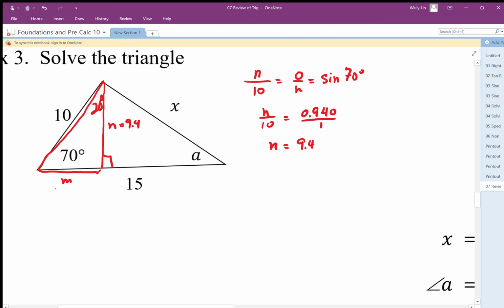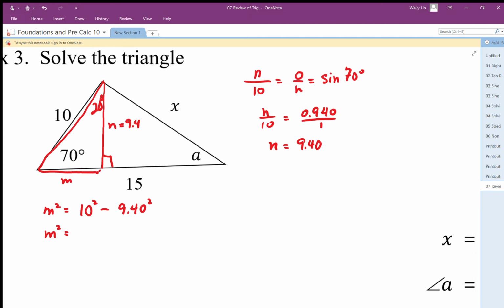I'm going to solve for the M first. So M squared, since it's a shorter side of the right triangle, we're going to subtract. It's always the longest side, minus one of the shorter sides, so 9.4 squared. Once we start rounding, we're going to start introducing some errors, so depending on your rounding, you might have a slightly different solution than I do.